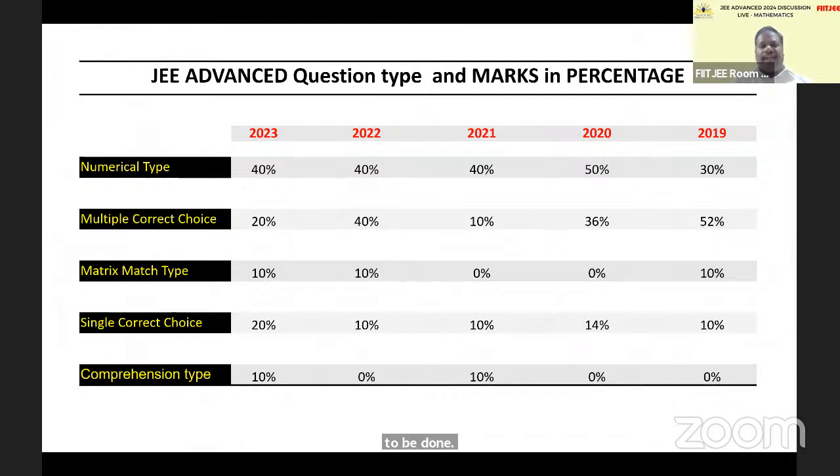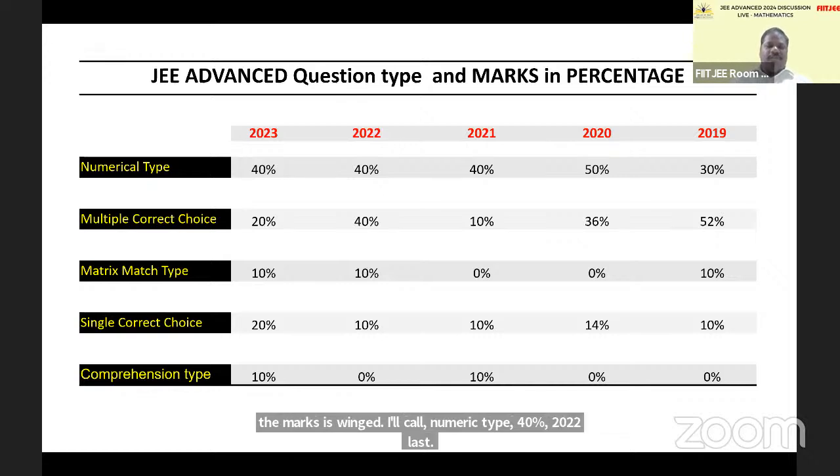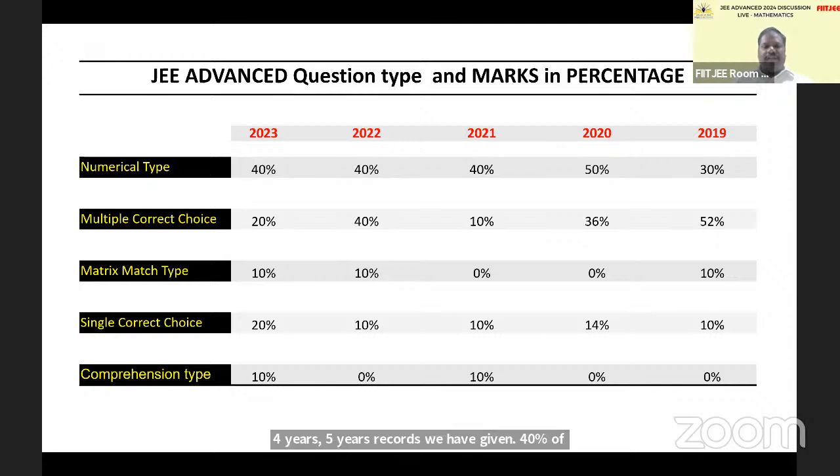This is again the percentage basis of how the marks are calculated. Numeric type was 40% in JEE 2022, 23, 21, 20. There was a little spike to 50%, and then again a drop to 30% in 2019.